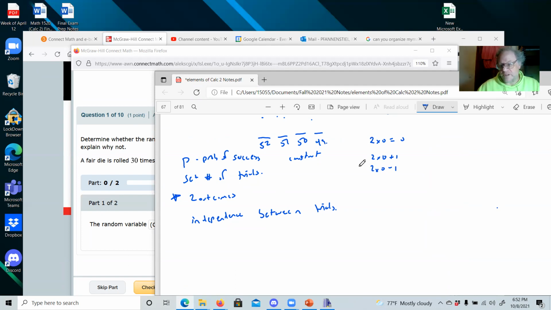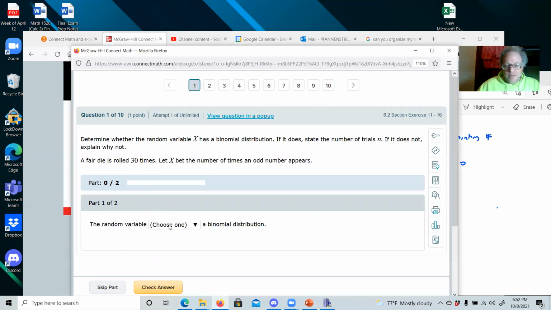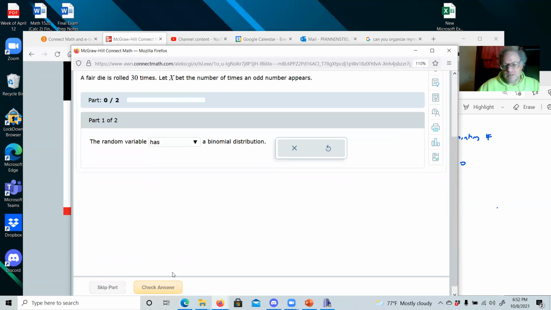There aren't any numbers where 2 times a number plus 1 or 2 times a number minus 1 is ever going to get you to 0, assuming that n is a counting number. You can't put in half because that's not an n, that's a rational. So this variable has a binomial distribution.